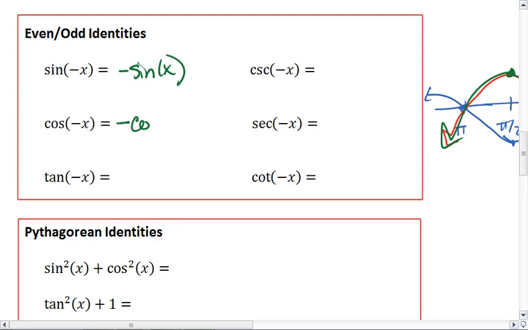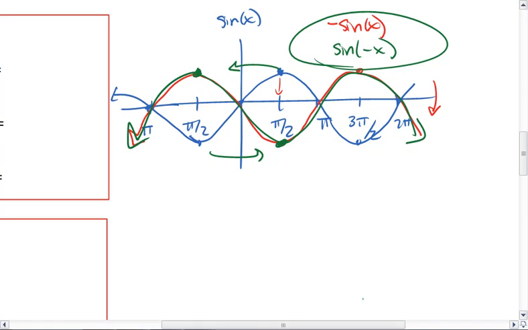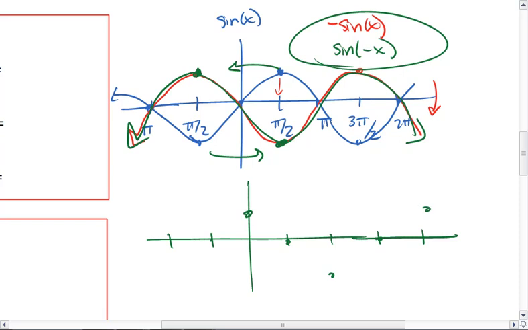The same thing happens with cosine. We can look at that.